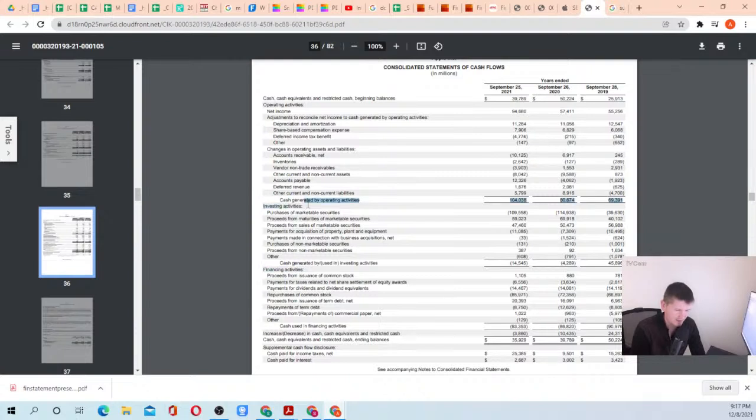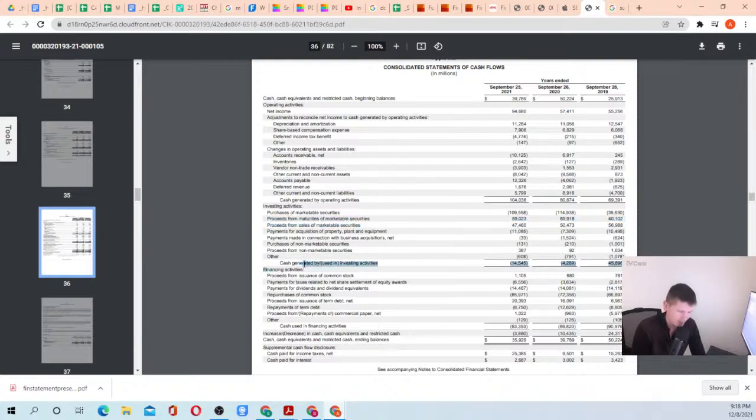Cash flow from investing activities should show your purchase or disposal of your operating fixed assets, or your purchase and disposal of various investments.